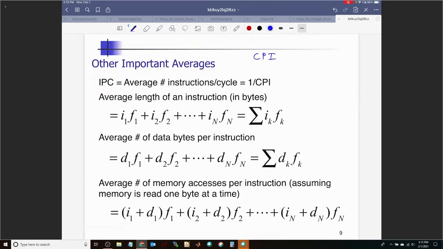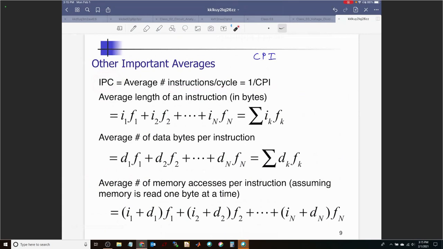But often you will see that on average, CPI can also go lower than 1. So it's doing more than one instruction in one clock cycle on average, which is why you look at IPC, the average number of instructions per clock cycle. What are the units over there? Well, it's instructions per cycle, so the units are already there, that's fine.